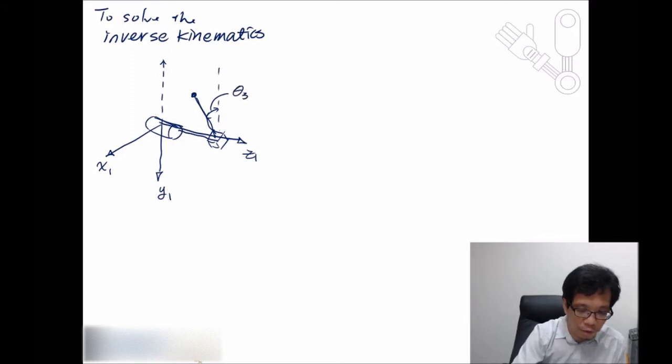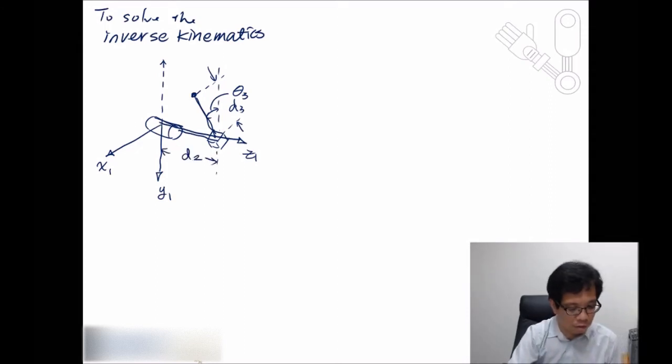If we project everything onto it, the distance over here is d3. The distance over here is d2.